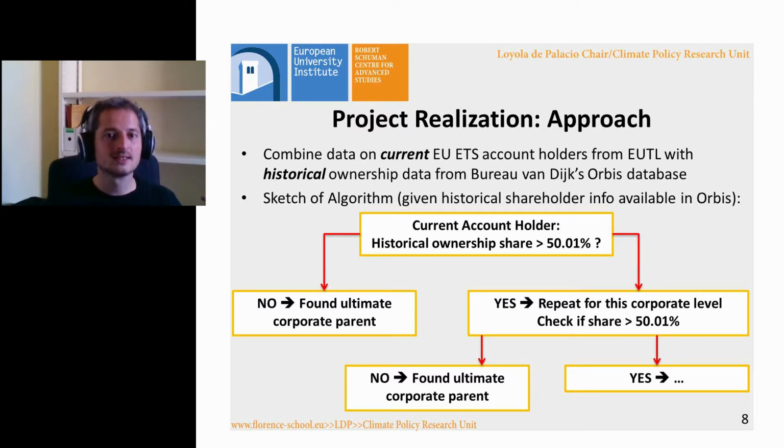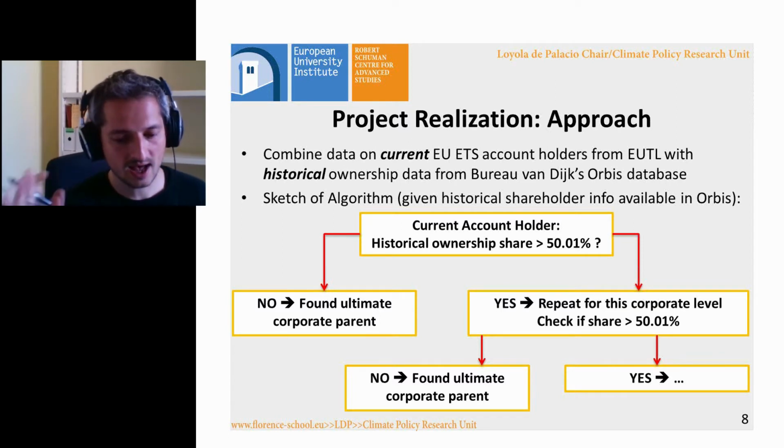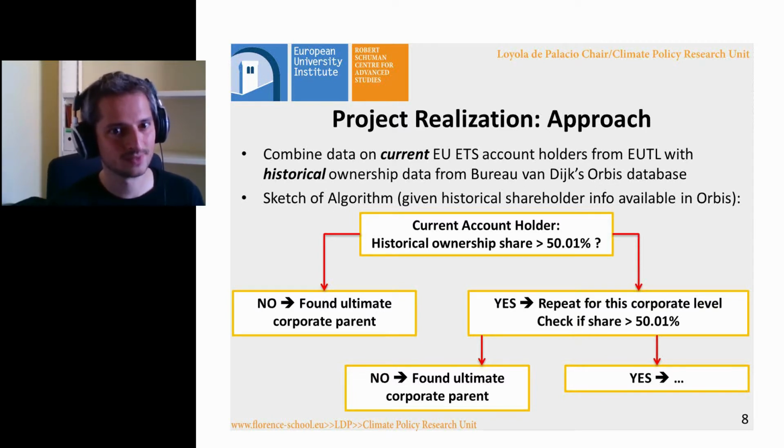The reason is that the installation holding information, so the ownership of each installation and the holders, is updated very quickly by the EUTL. This is required by law. And they only have the most up-to-date version of the holder of each account online.